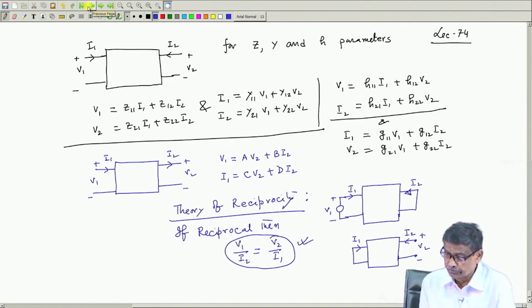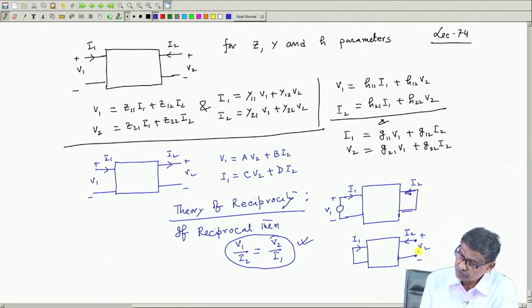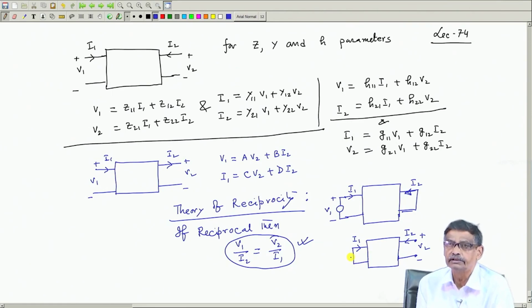Now, if this network is to be reciprocal, then V1 by I2 with the other port shorted will be same as the ratio of V2 by I1 when the input port is shorted. So, we have to find out these two and equate them, from that the condition will emerge.